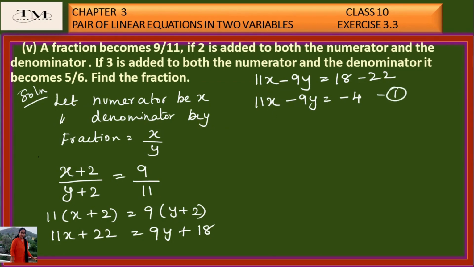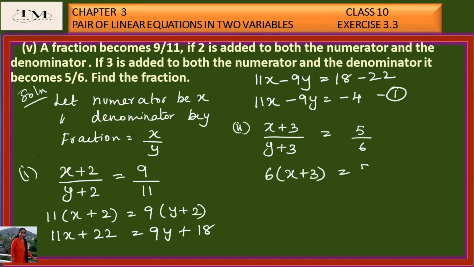In the second part, they are adding 3 to the numerator and 3 to the denominator, so the answer is 5 by 6. Cross multiplying, it is 6 into x plus 3 equal to 5 into y plus 3.